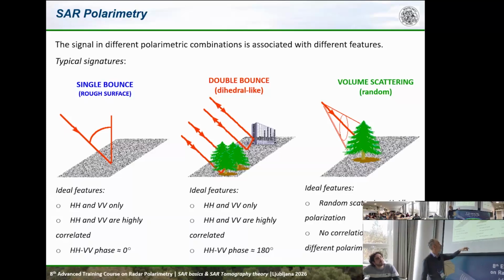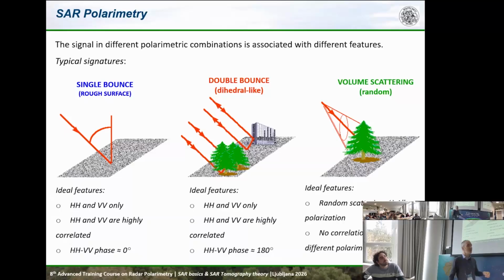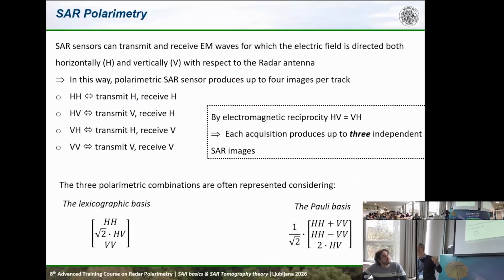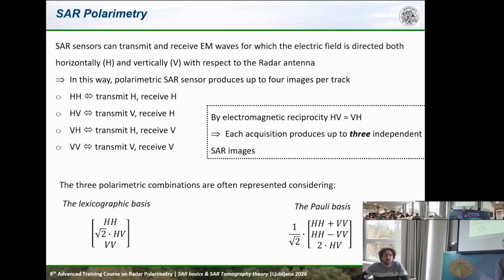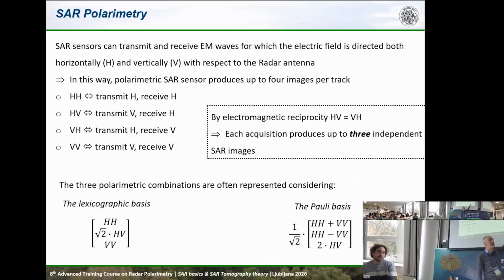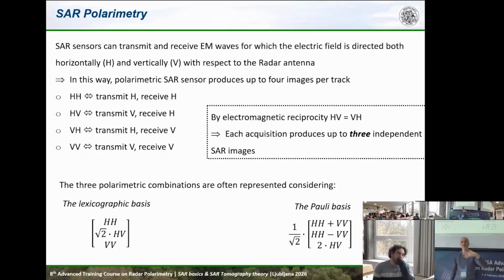So basically, if you form a polarimetric channel as HH minus VV, you are emphasizing this double bounce. So this HH minus VV would be sensitive to double bounces, and this HH plus VV will be sensitive to surfaces.